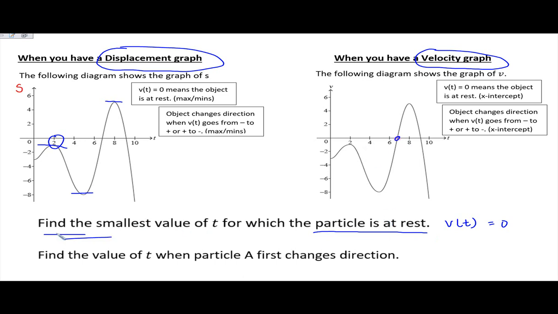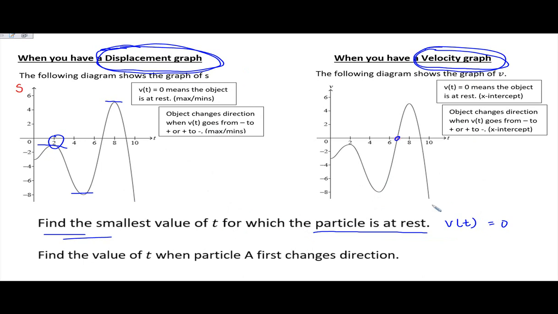So you notice with this same question, we're looking at different spots on the graph depending on if you're working with displacement or velocity. That's very important when you're working with these kinematics problems, especially when there's a graph involved. You have to understand that when I have a displacement graph, this is what I look for, depending on the question. When I have a velocity graph, this is what I look for.